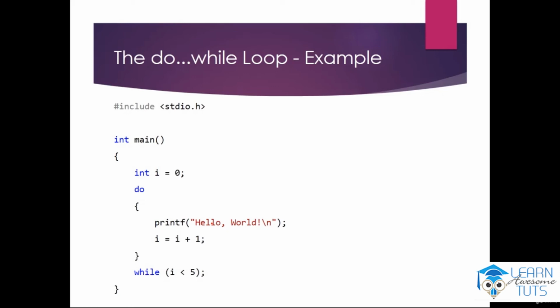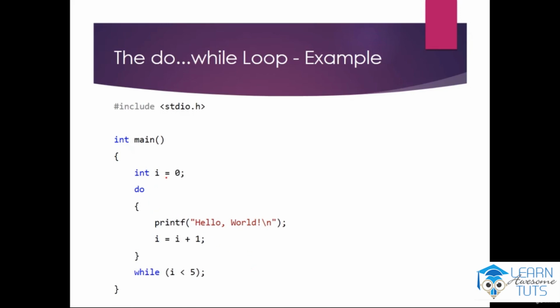A while loop checks a given condition, as I said, before it executes any statement given in the body part. So in this do while loop we have to execute the loop body before checking a given condition. This is an example where, as we can see, it also produces exactly the same result.